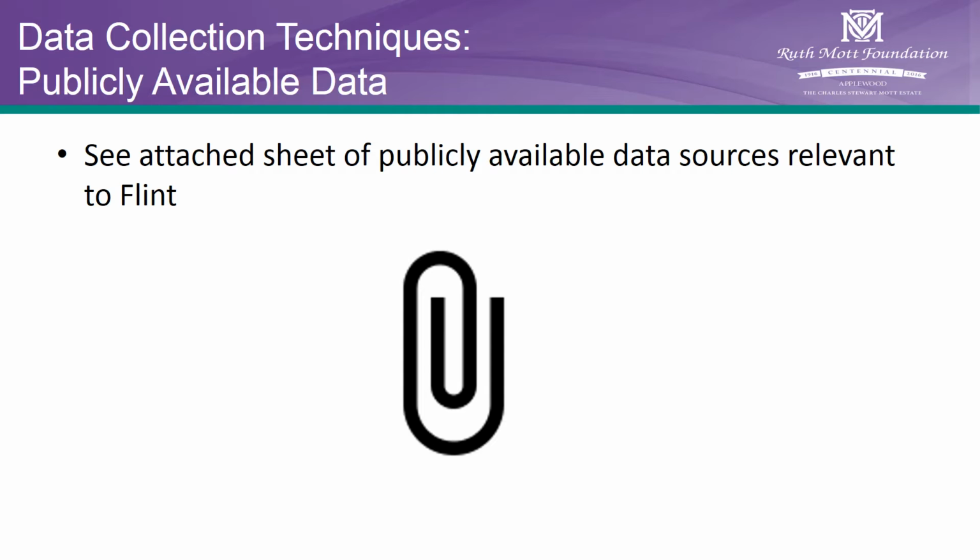I would prefer to use census tracts when we're collecting publicly available or secondary data sources that have census tracts available, because if you look at our map and the map of zip codes, you'll see that there are some places where 48504 goes outside of the boundaries, and actually 48503 goes inside some of the boundaries. So the zip codes are not really a perfect fit, but the census tracts are actually a pretty good fit. So it's important to know what geography you're looking at when you're looking at these different data sources.